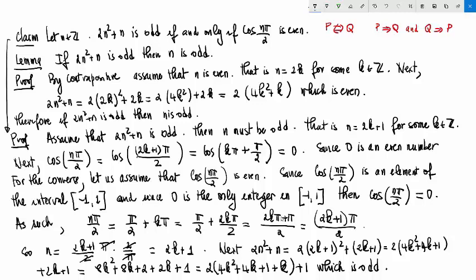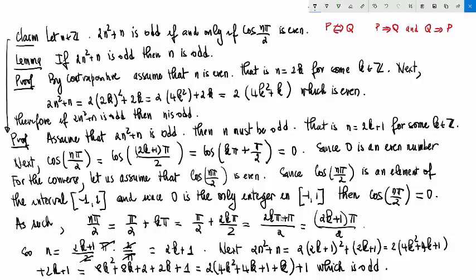So, for the proof, we needed a lemma because it's hard to make a statement about the parity of n if you only know the parity of 2n squared plus n, right? But with some heuristics, we first find out that the only way to make 2n squared plus n odd is to begin with n being odd itself, because if n is even, then it's necessarily the case that 2n squared plus n will also be even.